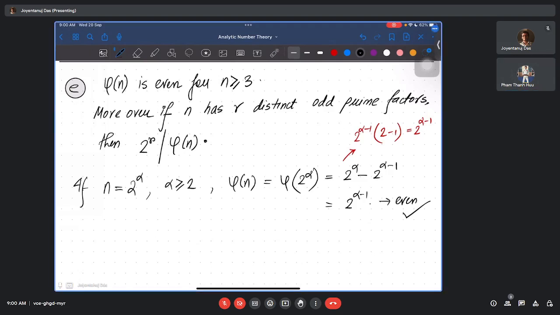So now the next part is, if n has at least one odd prime factor.